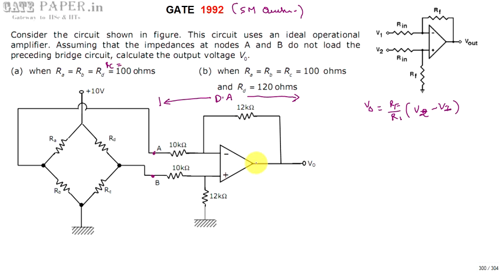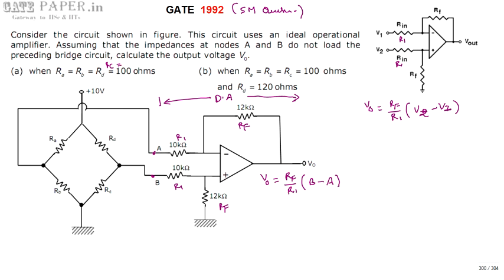Remember this one. According to this equation, this is RF and this is R in, so R in is nothing but R1. So V0 can be written as RF by R1 times the voltage connected at the non-inverting terminal, B, minus the voltage connected at the inverting terminal.